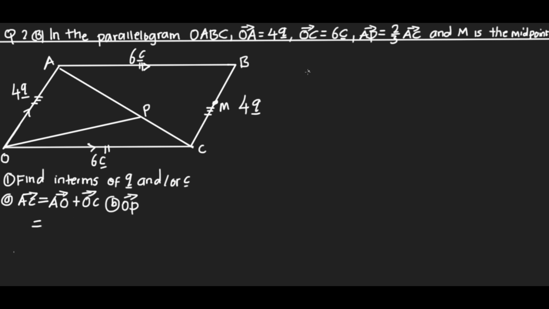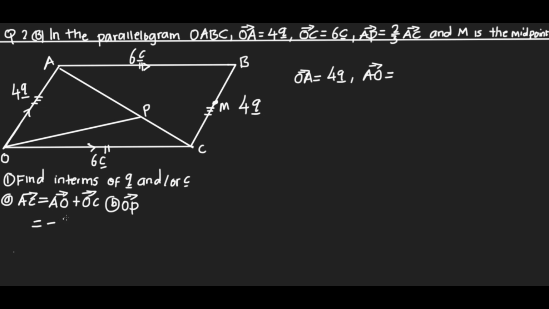Now the vector OA is equal to 4q. Now what of AO? AO is the opposite in direction to OA. So we are supposed to introduce the negative to 4q. It's like we are moving in this direction, so it's against the arrow. So you need to use the negative.